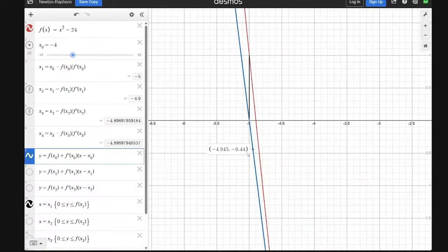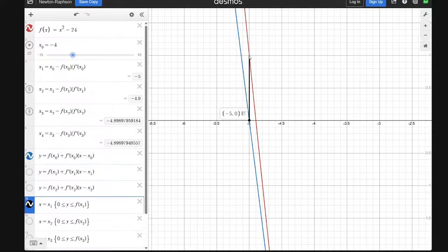Here, as you can see, the tangent to this curve at x equal to minus 4 meets the x-axis at the point minus 5 comma 0. So this line x equal to minus 5 meets our curve at the point minus 5 comma 1. Minus 5 is the value of our x1, as you can observe here.